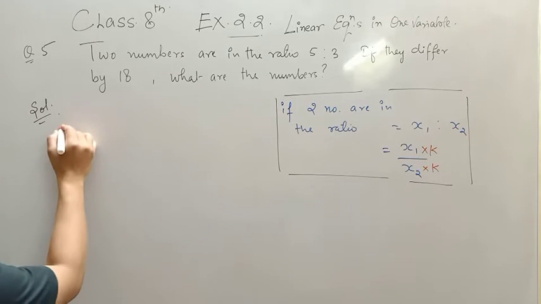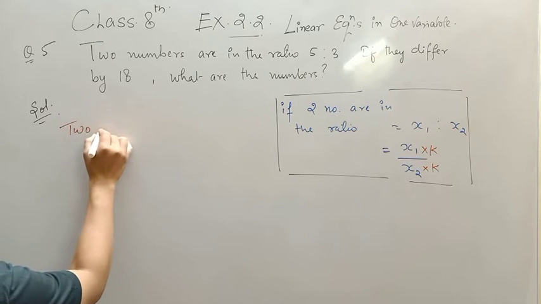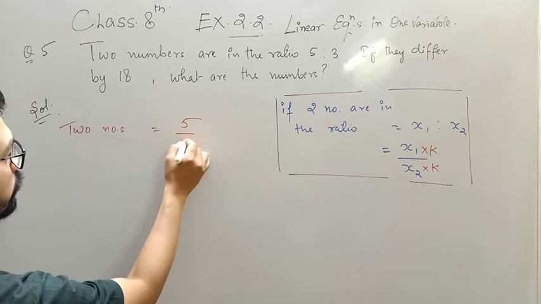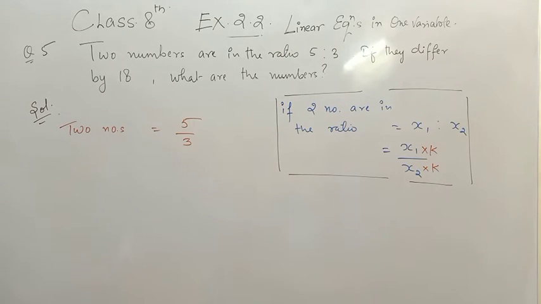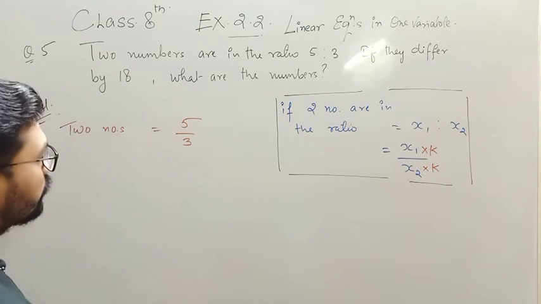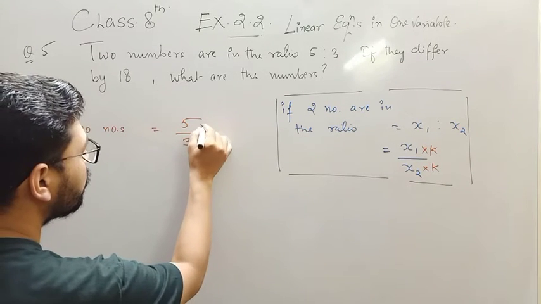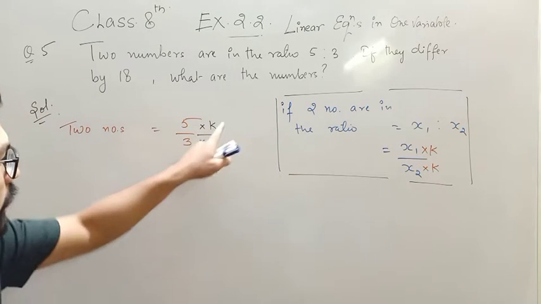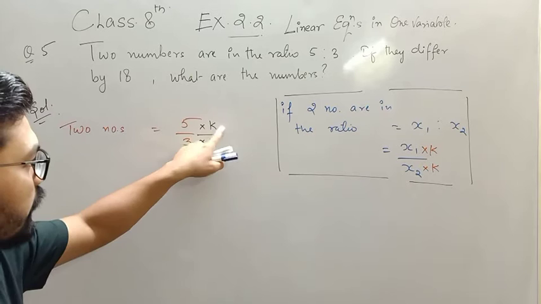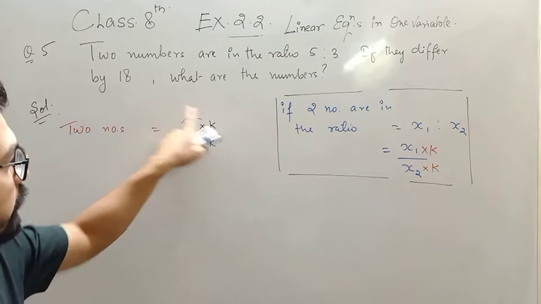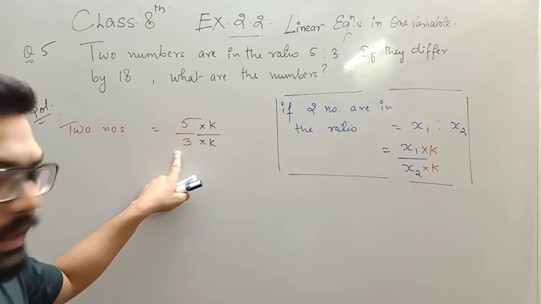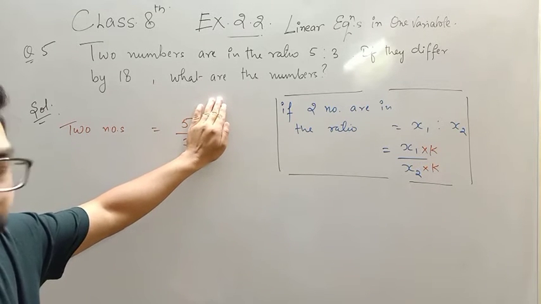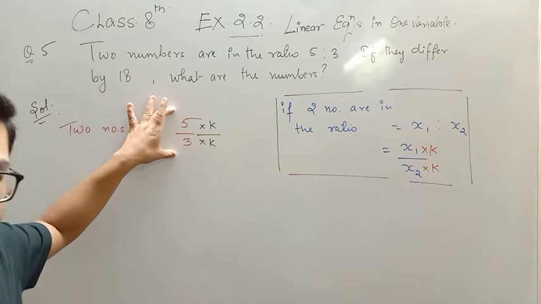So can I simply write 5:3 into k, right? So I just multiply k with 5 and k with 3. Any doubt in this? If I just cancel out k and k, again I'll get the same ratio.